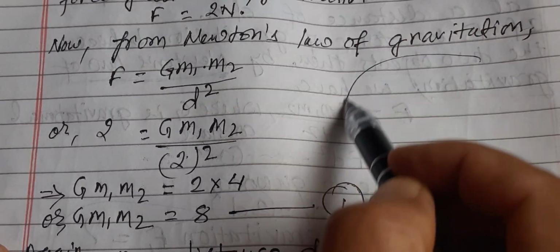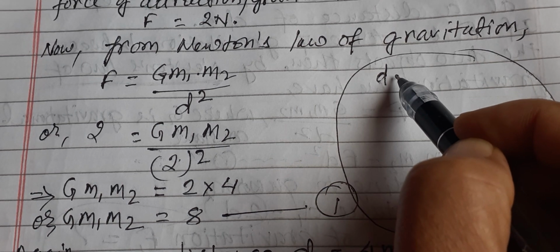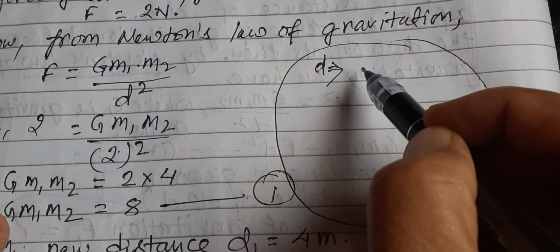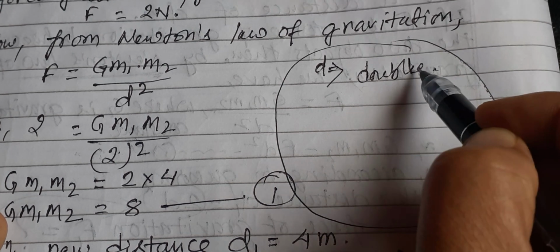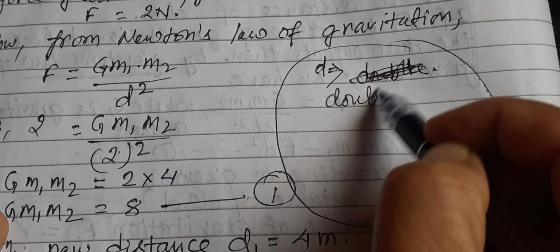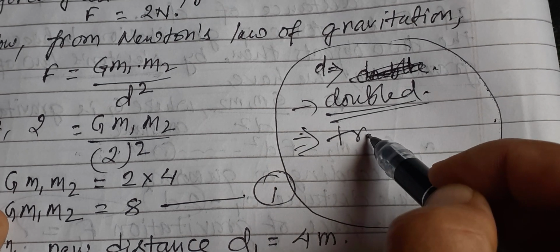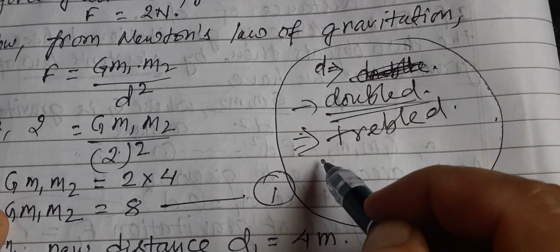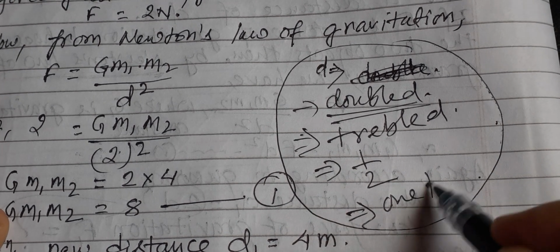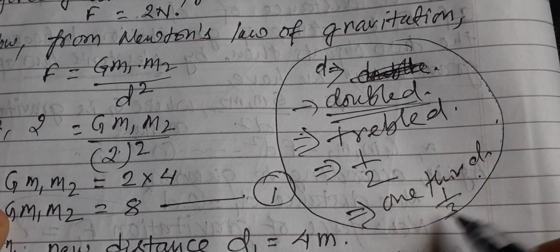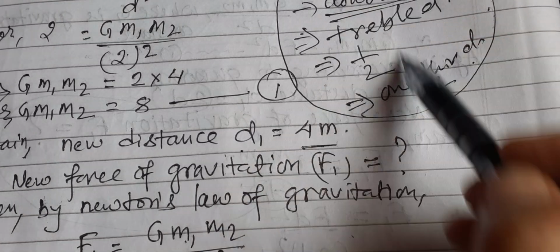So what happens in numerical problems, the distance can be changed as double, sometimes it changes by treble, or half, or 1/3. So what we have to find is the new distance, by these conditions.